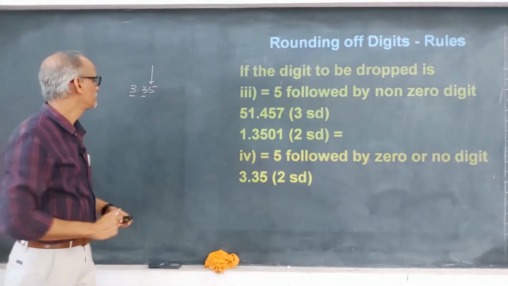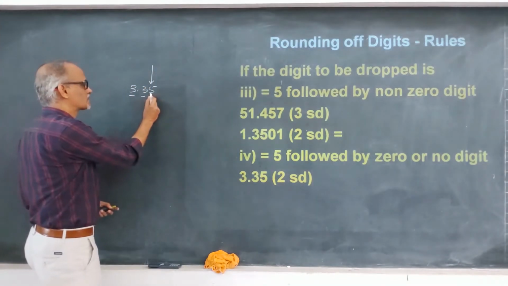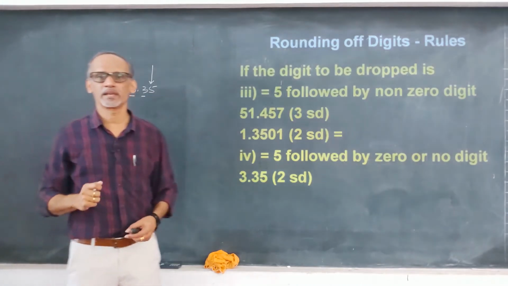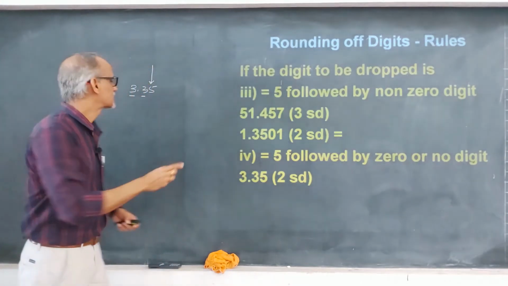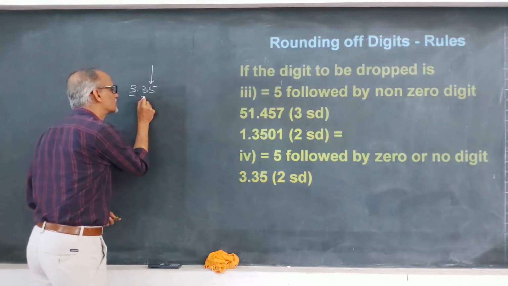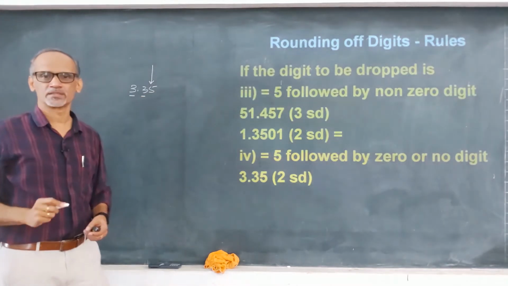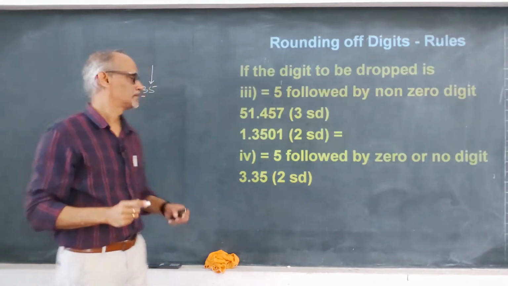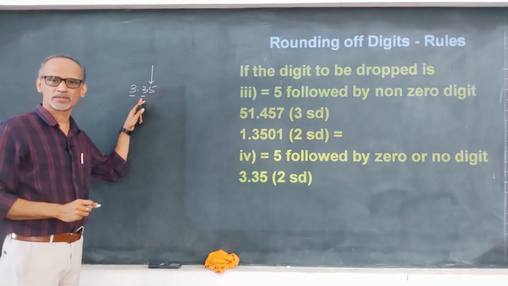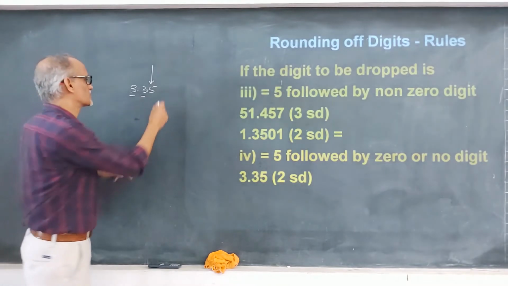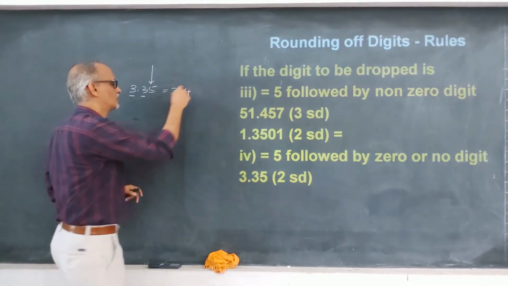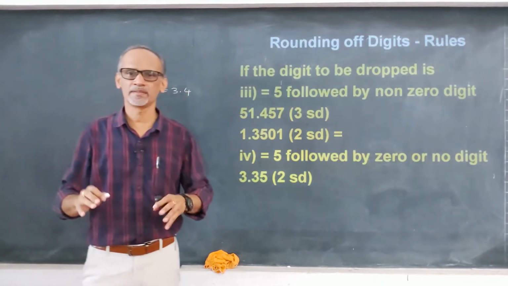Then in this case, what is the rule? You have to check one condition. What is the condition? This is the digit to be dropped, right? So check the previous digit, whether it's odd or even. Is it odd? Yes. If it is odd, what is to be done? Increase it by 1. So therefore the value is 3.4. And if it is even, retain it.